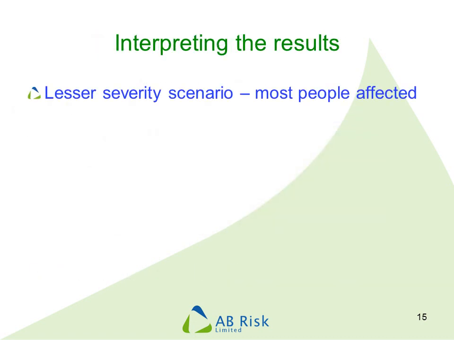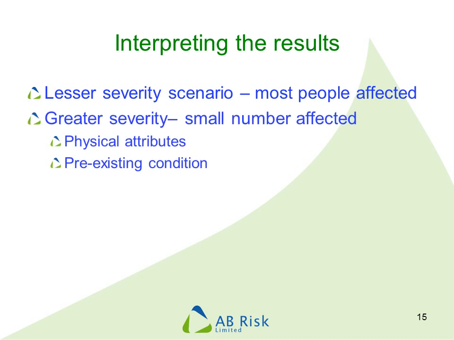So interpreting these results, we've got most people, or the small number of people. This is the interesting point for the small number. It may be down to the physical attributes, so the size of the person, their strength, maybe pre-existing conditions if they've already got a bad back or some other sort of disorder.